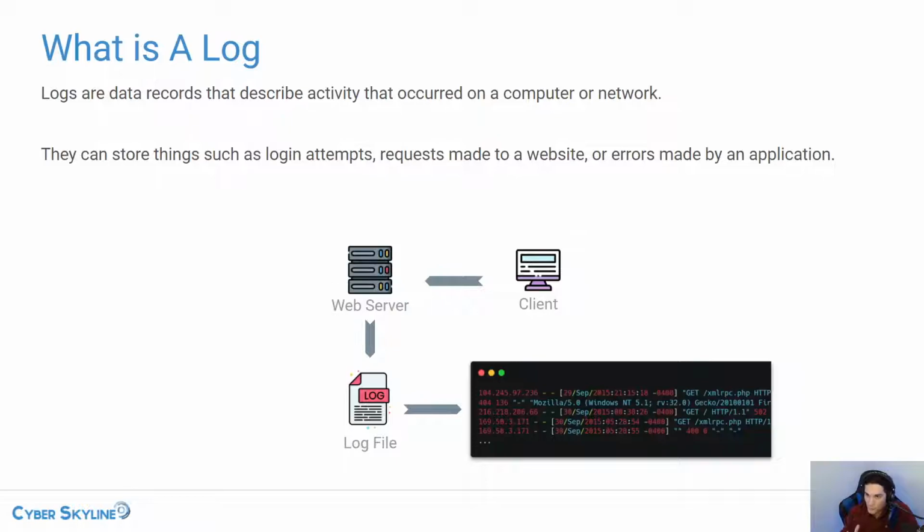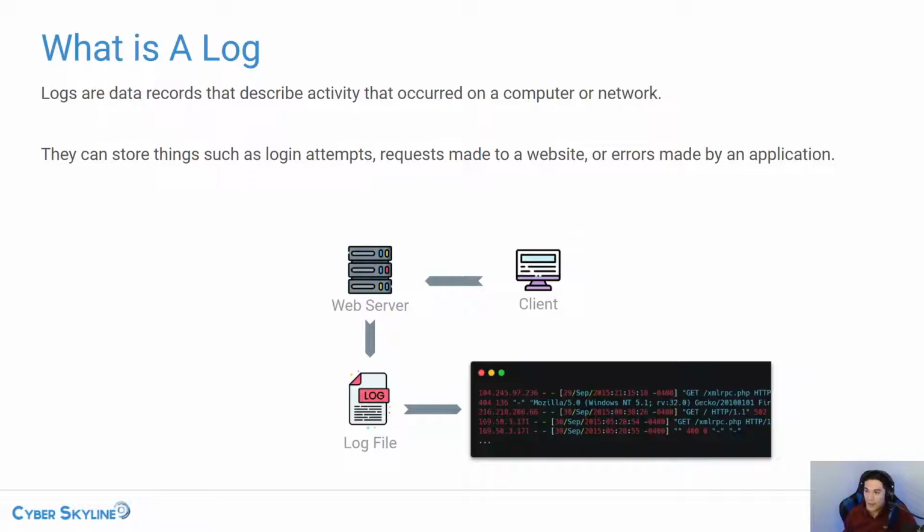A log is just a data record, and it describes activity that occurred on a computer or a computer network. Basically, it's a history of everything that happened. There are often multiple different applications and multiple different types of logs that make up a corporate environment.